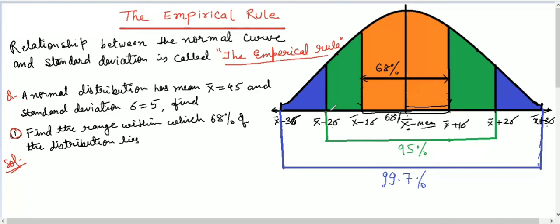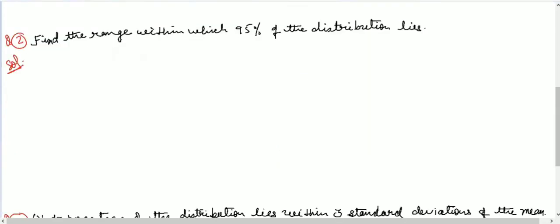So within 2 standard deviation of the mean, 95% of data lies. Same way within 3 standard deviation of the mean, 99.7% of data lies.